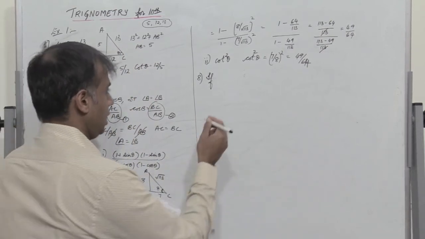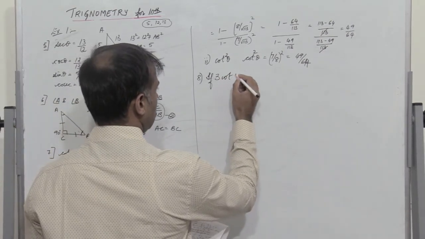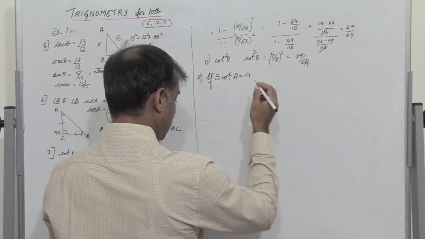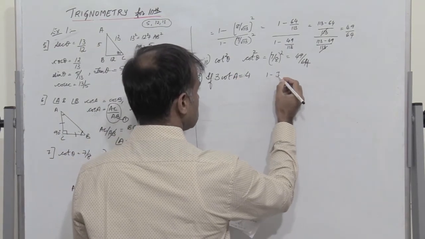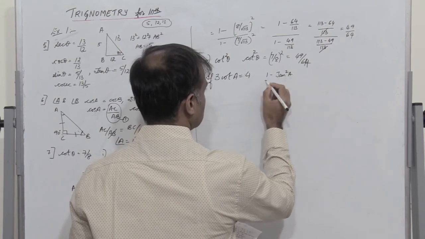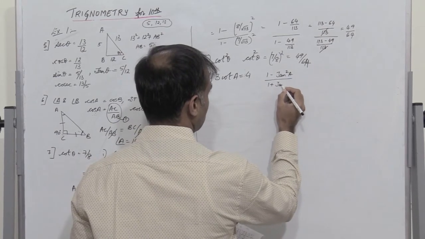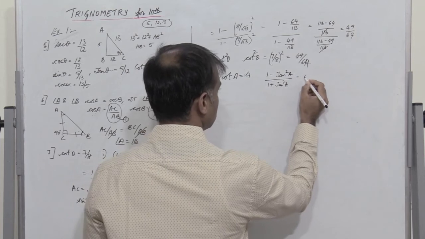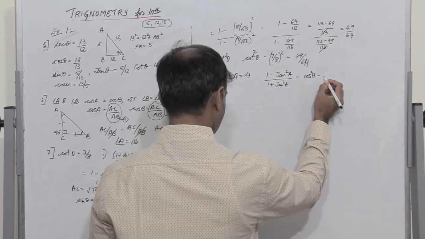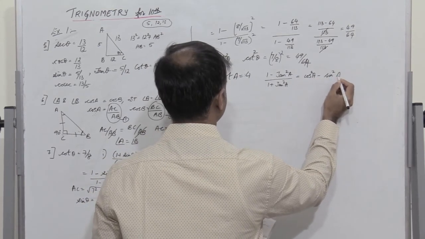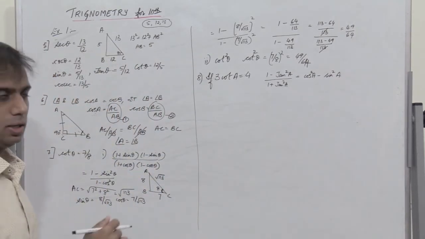Problem 8: if 3 cot A equals 4, then we need to check if 1 minus tan square A divided by 1 plus tan square A is equal to cos square A minus sine square A. So we have 3 cot A equals 4.